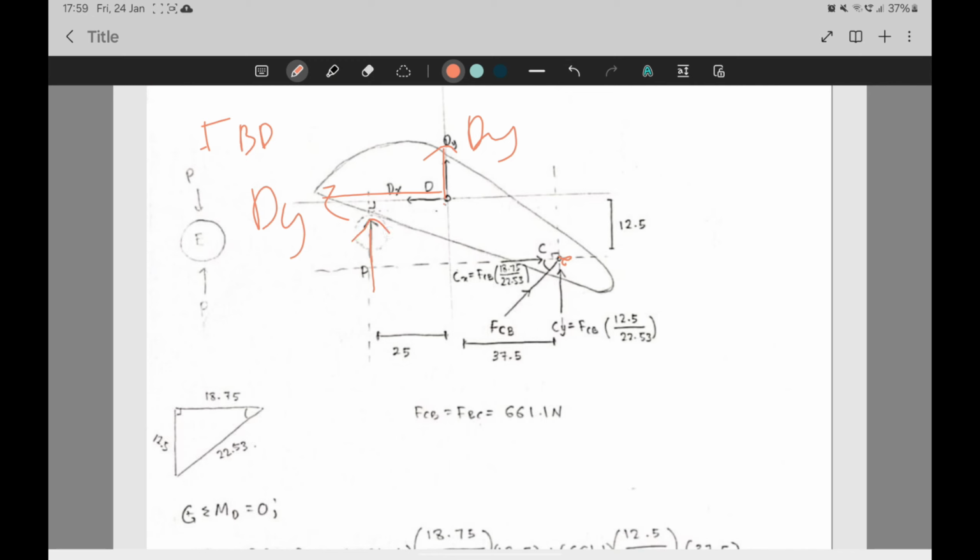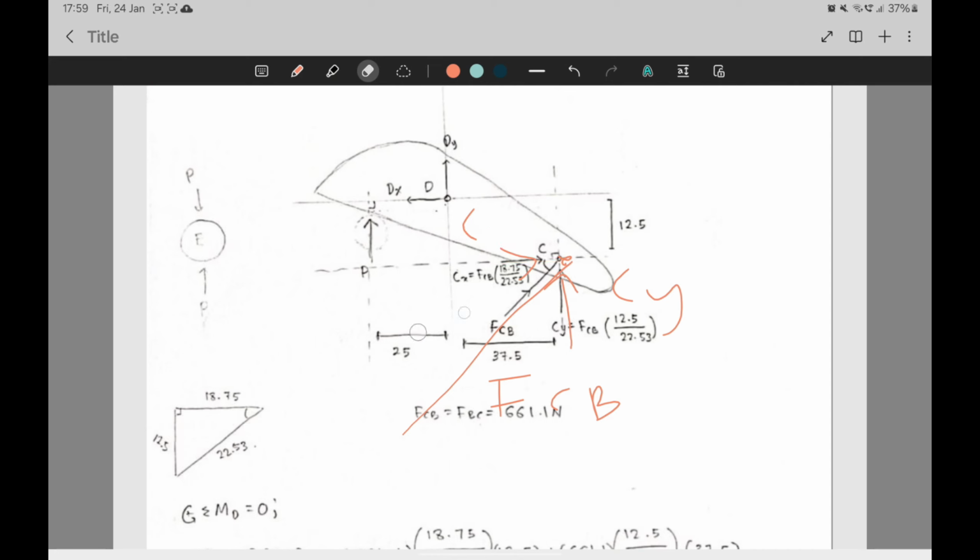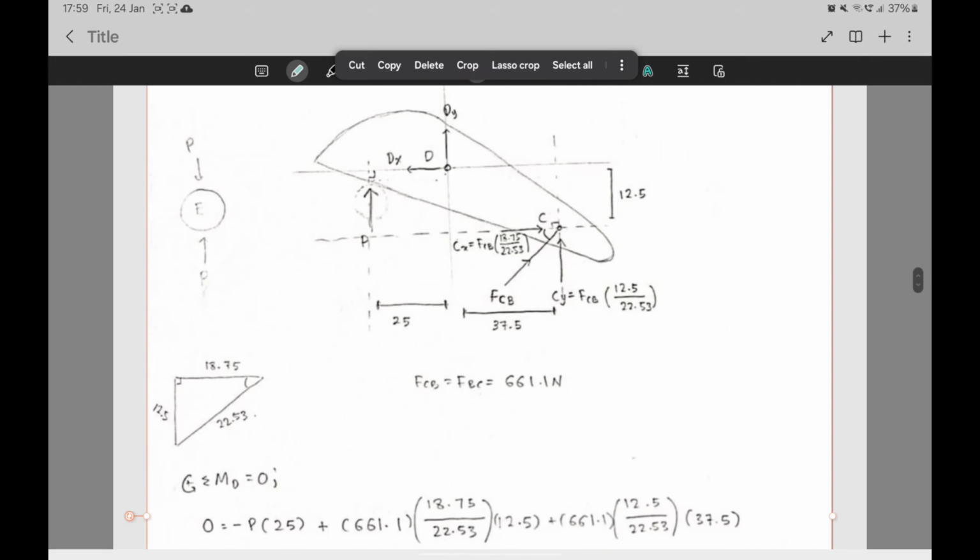We have the point E here, and we have cy, cx and FCB. This is the solution on the triangle. And then we have the cy force, cy and cx.